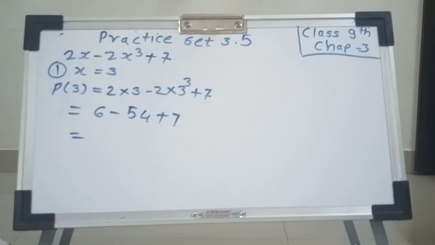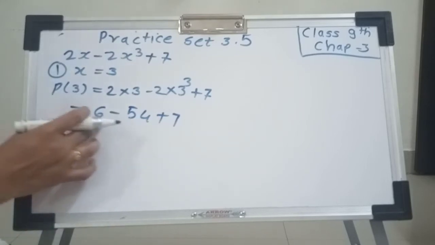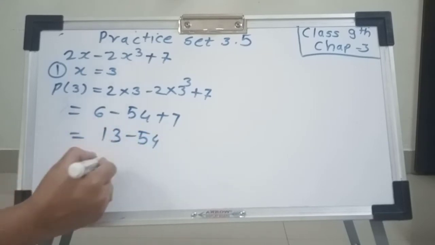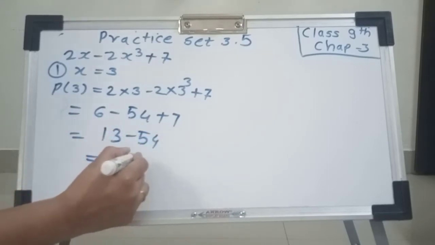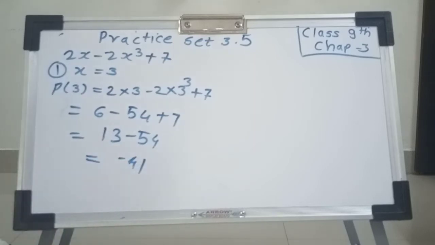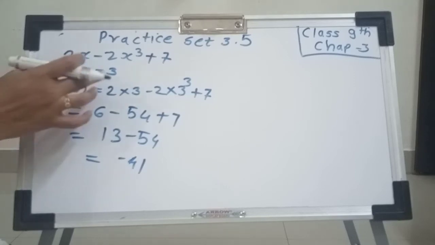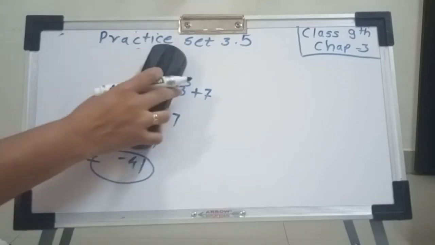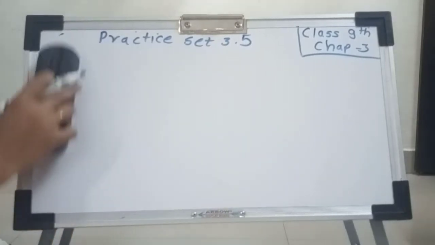So 6 minus 54 plus 7. 6 plus 7 is 13, 13 minus 54 is minus 41. Very easy. Putting x equal to 3 in the given polynomial, the value of P of 3 is minus 41.